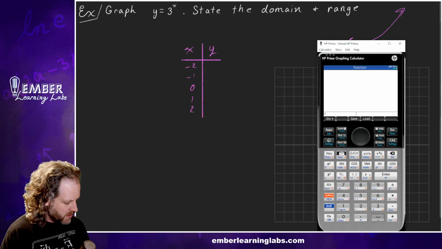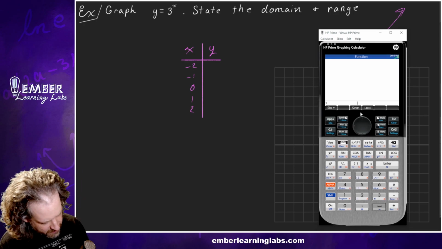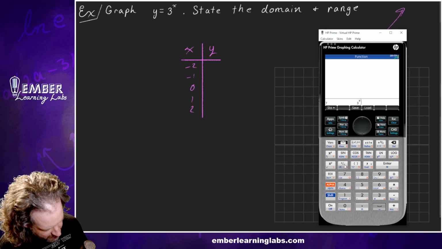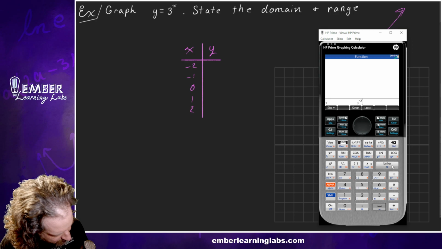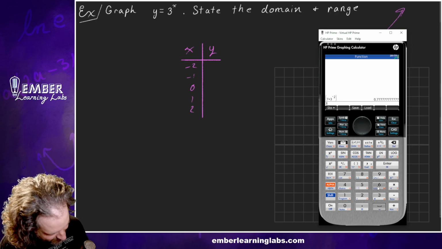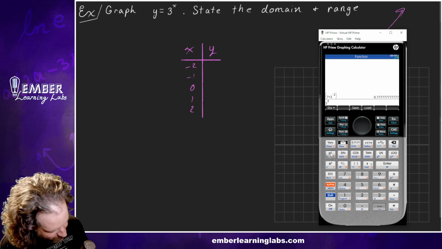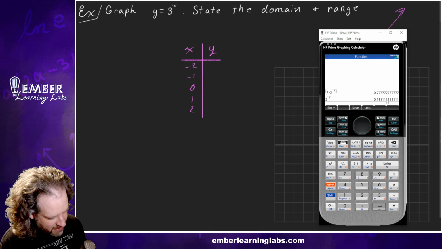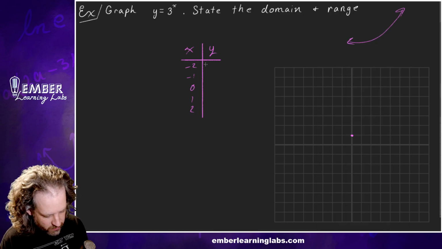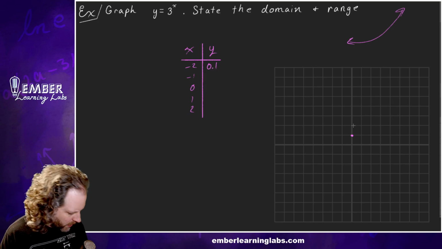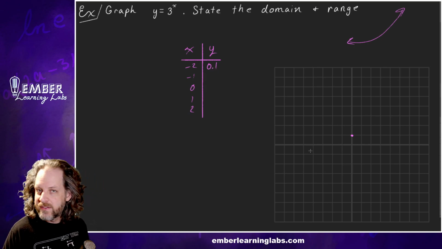We've got 3 to the -2, which is 0.111, approximately 0.1, right? Where do I put that on here? Well, it's a number that's kind of close to 0.